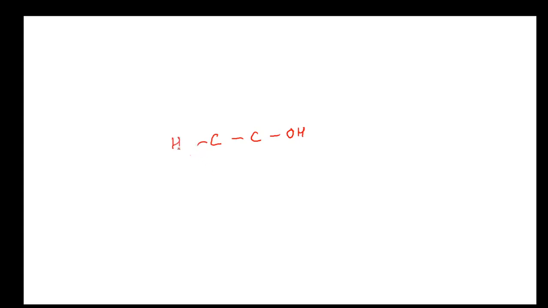Because what if you had something like this? Yeah. So that would have hydrogen bonding, but because these two dipoles would cancel each other out, there would be no dipole. So it would be possible to have hydrogen bonding without dipole. Right.